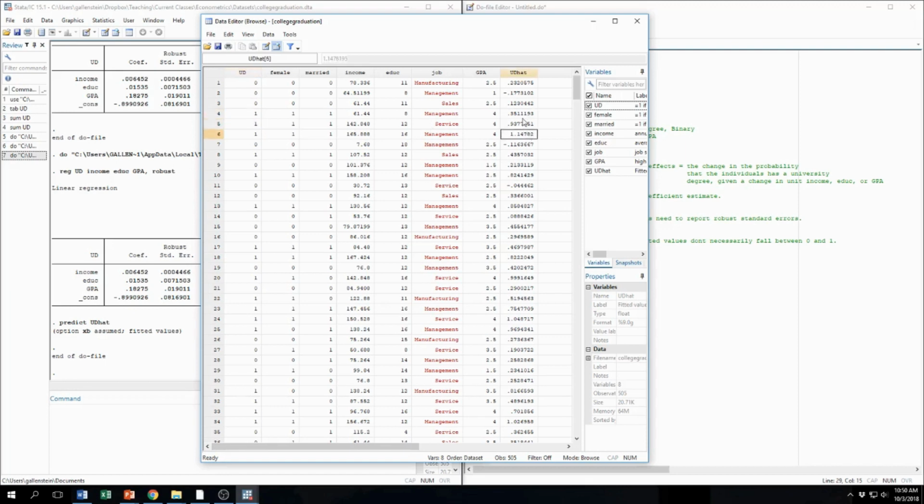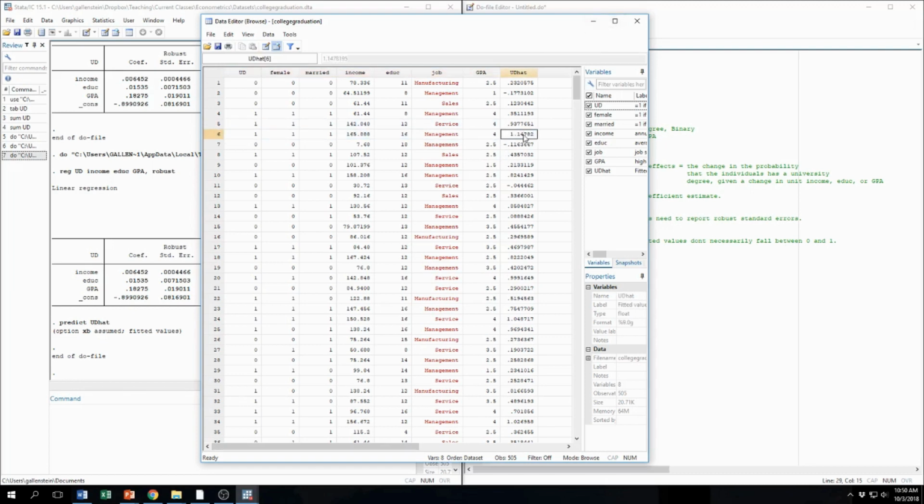Well, these are all fairly large. This one's a little bit small. But these two are very large. In fact, this one's even greater than 1. So the predicted probability that person 6 will have a university degree is 114%. Okay, so that illustrates our problem.